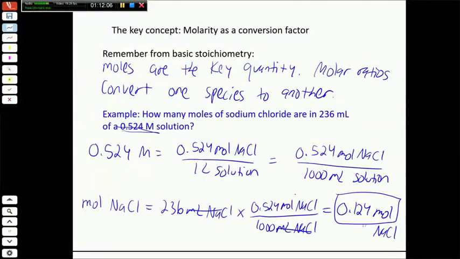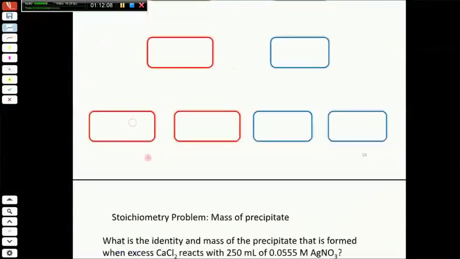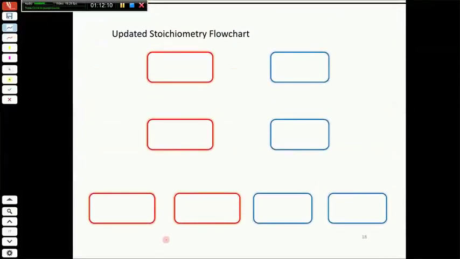So then that allows us to expand the flowchart that we had. So we did this flowchart sometime during chapter 5 to explain stoichiometry. So what we saw in chapter 5 is that we're usually starting with a mass amount of one reactant, and if we have the mass, we can convert into moles using the molar mass. And then we can also do the same thing for the products.